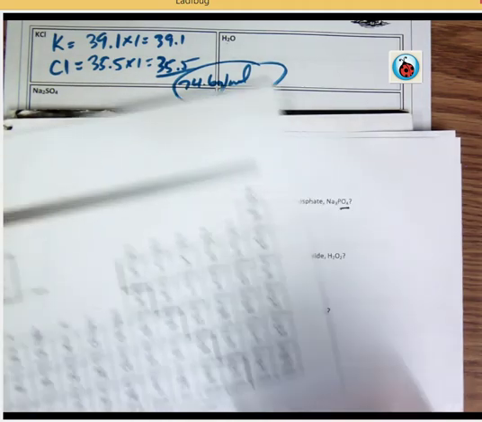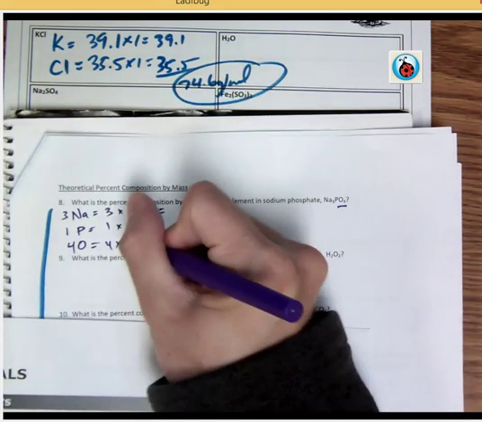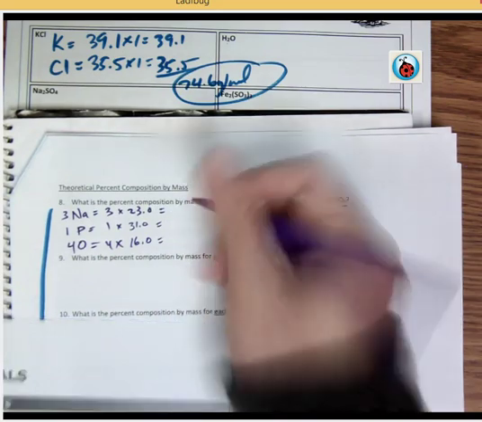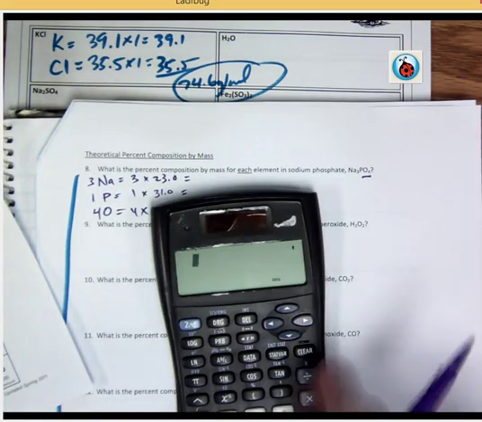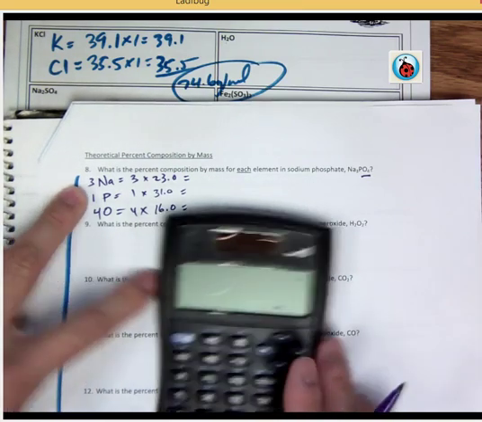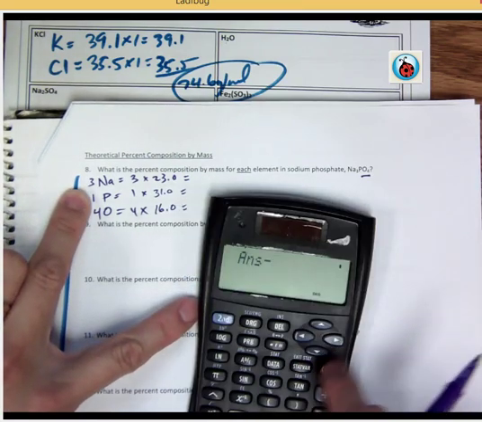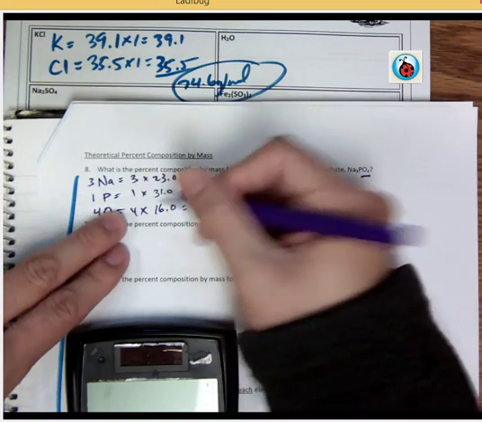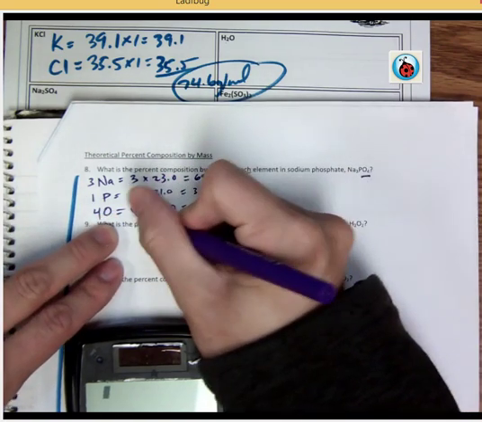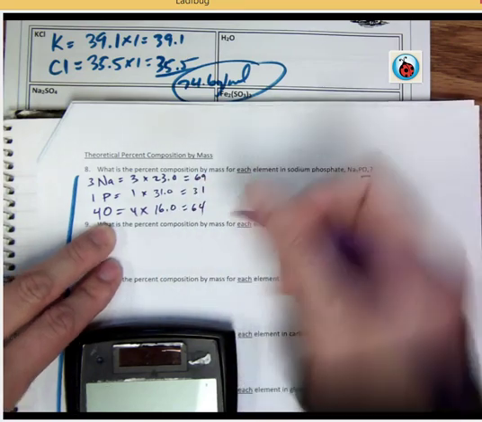And then oxygen is 15.9999, which is 16.0. If you're not a math guru here, then get a calculator. 3 times 23 is 69 grams. 1 times 31 is 31. 4 times 16 is 64. You should have gotten all that.